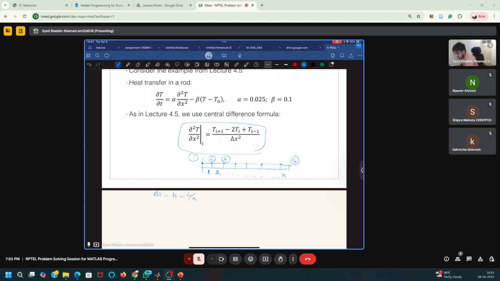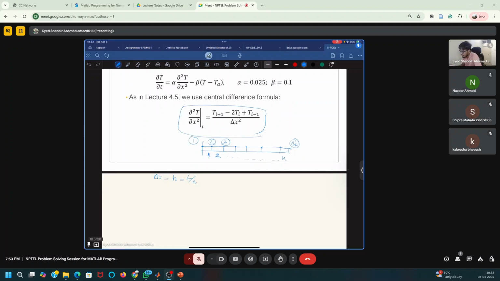So we will get the solution by discretizing the domain using this finite difference scheme, and we will use the central difference formula to get the second order differentiation of T with respect to x.